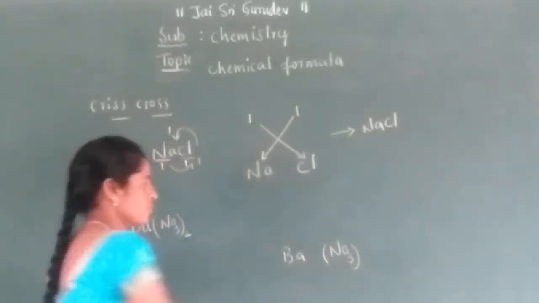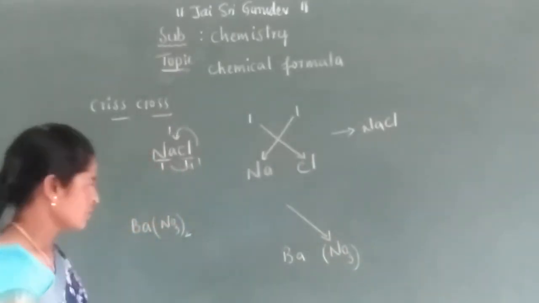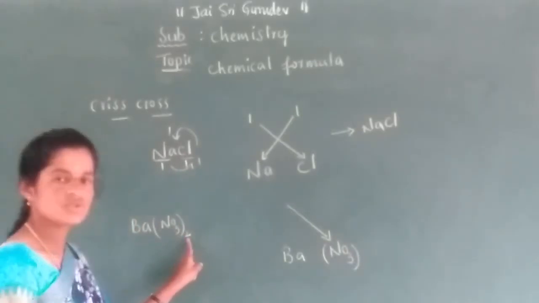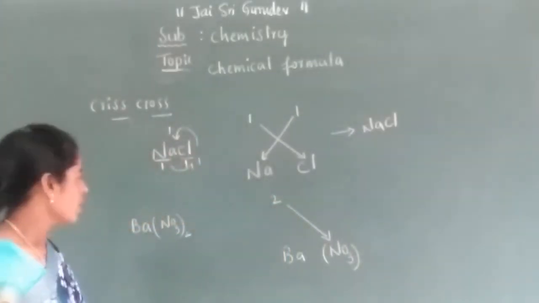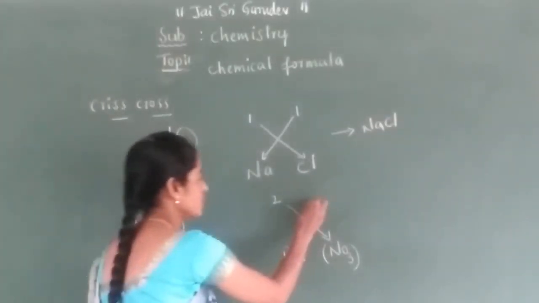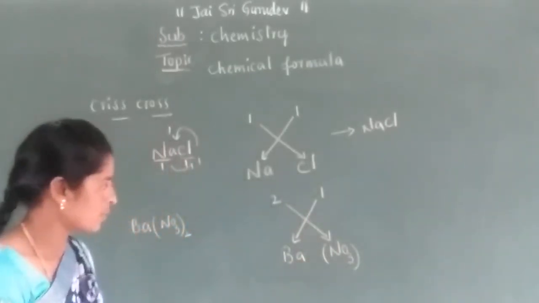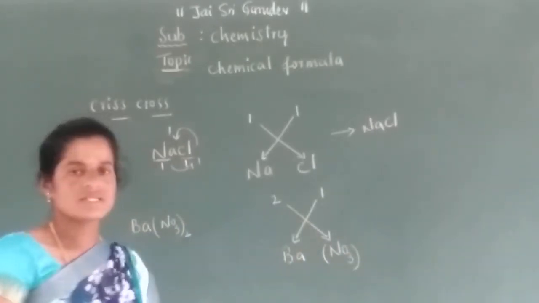Now it's very simple. In barium nitrate, the number of NO3 ions present here is 2, so write it as 2. And in the same compound, the number of barium ions present is only 1, so write it as 1. So like this we can estimate the valencies of those ions by using this crisscross method.